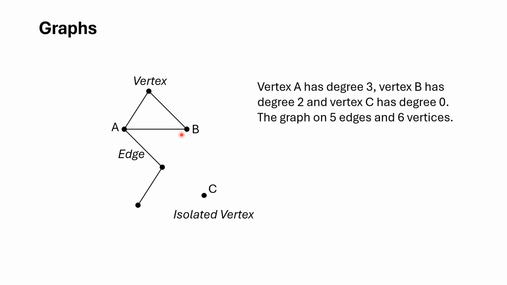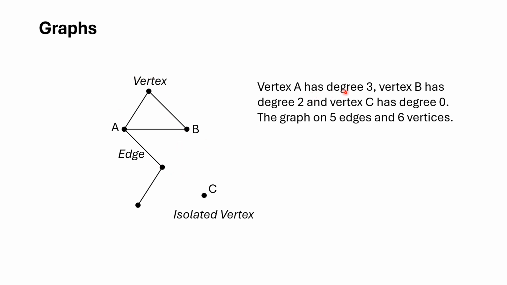So in this graph here, we have 6 vertices and 5 edges. And I put a label on some of the vertices here, A, B, and C. C is an isolated vertex. It's not connected to any of the other ones here.